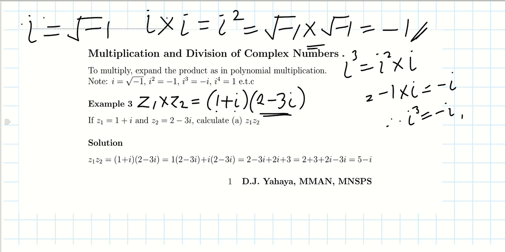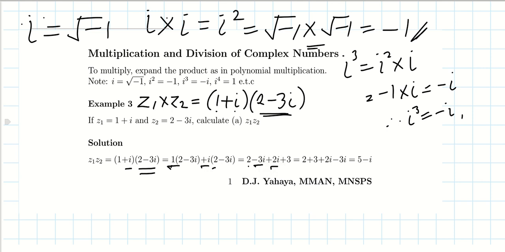So we pick 1, multiply by 2 minus 3i. Then we pick plus i, we multiply it by 2 minus 3i. So 1 times 2 gives us 2. 1 times minus 3i gives us what? Minus 3i.